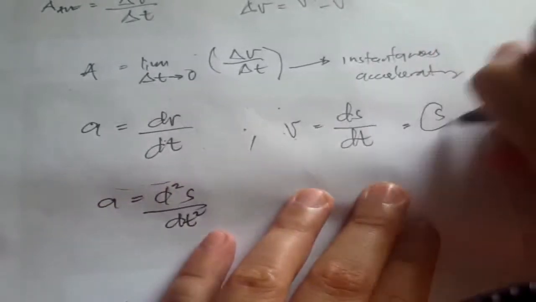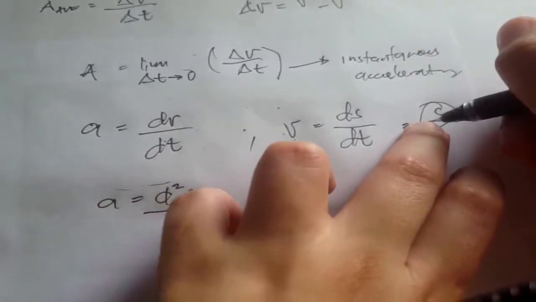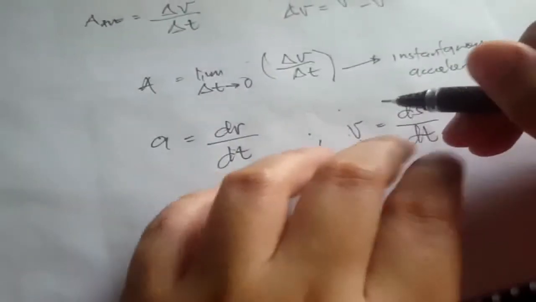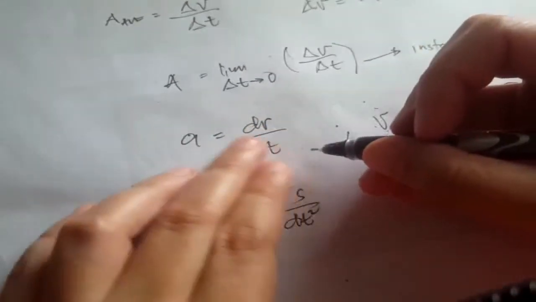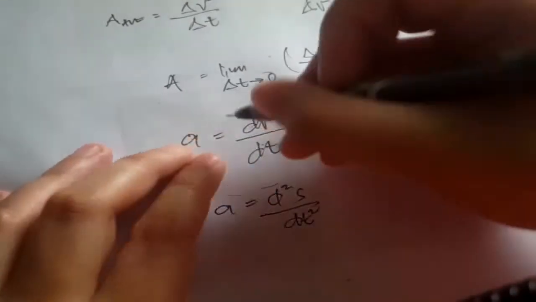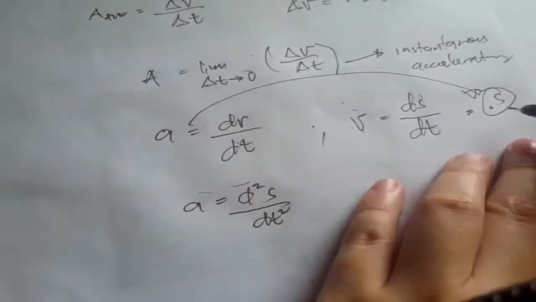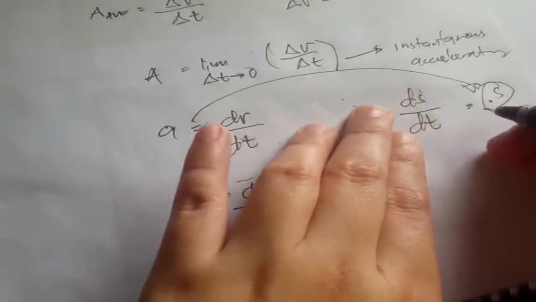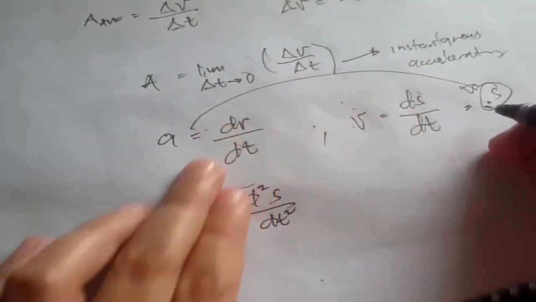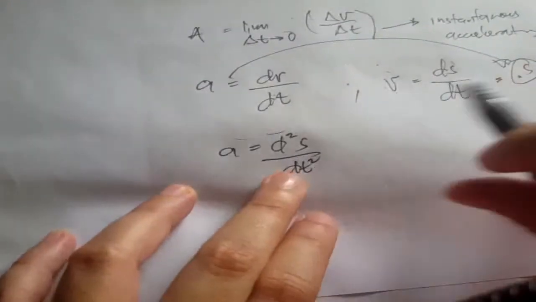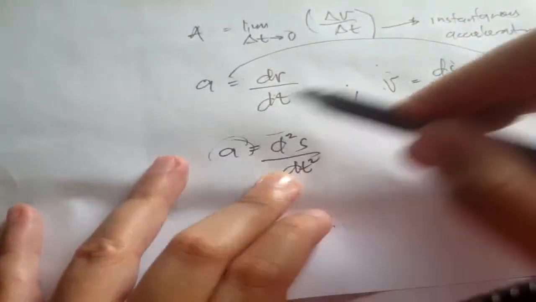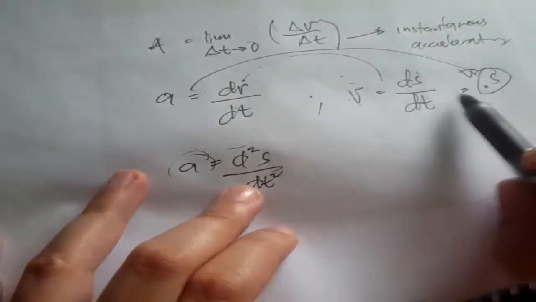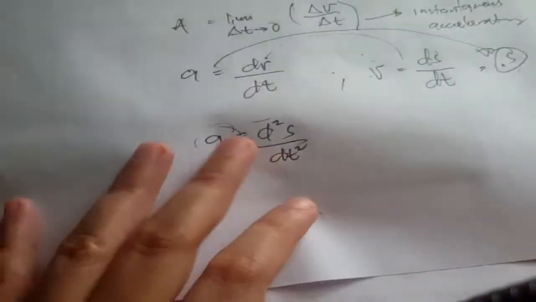From s we take the derivative, ds over dt, that is our velocity. And when we take the derivative of velocity with respect to time, we define our acceleration. So if we go directly from position, we need to take the second derivative of the position with respect to time to arrive at our acceleration.